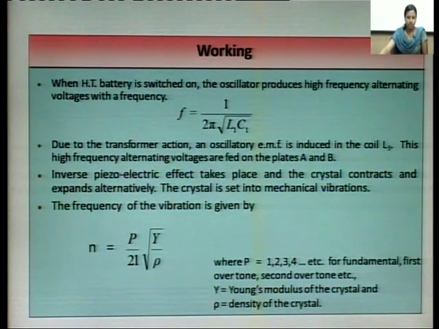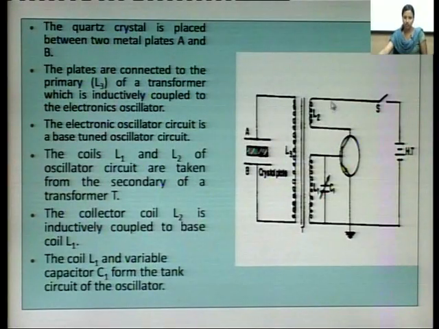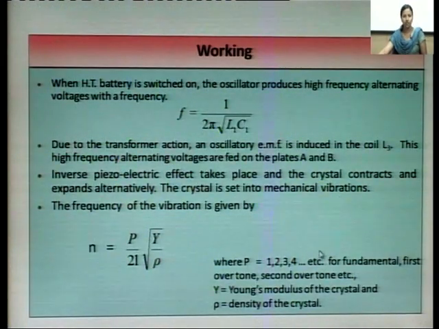Its working is: when we apply a high tension battery, it is switched on. The oscillator produces a high frequency, the same as we did, f equals 1 upon 2 pi root L1 C1. L1 is this inductance and C1 is the capacitance.